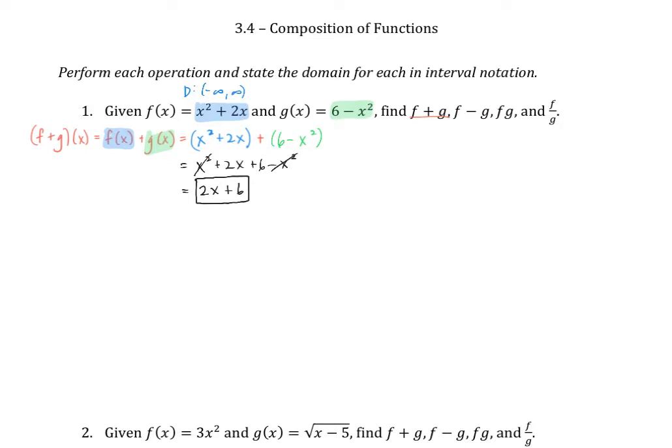If we look at g, there are also no fractions here, there are no square roots, so here the domain is also unrestricted, so negative infinity to infinity. If we add these two, it doesn't make any restrictions happen, right? So the domain for the sum is also negative infinity to infinity.